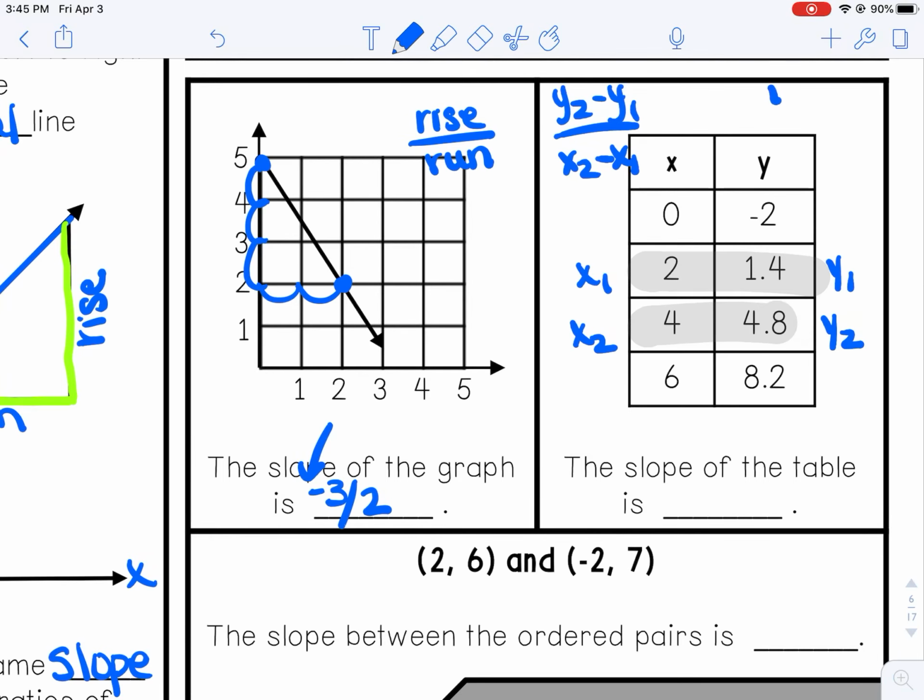So y2 is 4.8 minus 1.4. Okay, x2 is 4, x1 is 2. So 4.8 minus 1.4 is 3.4. And 4 minus 2 is 2. So when I take 3.4 divided by 2, I'm going to get 1.7 as my slope.